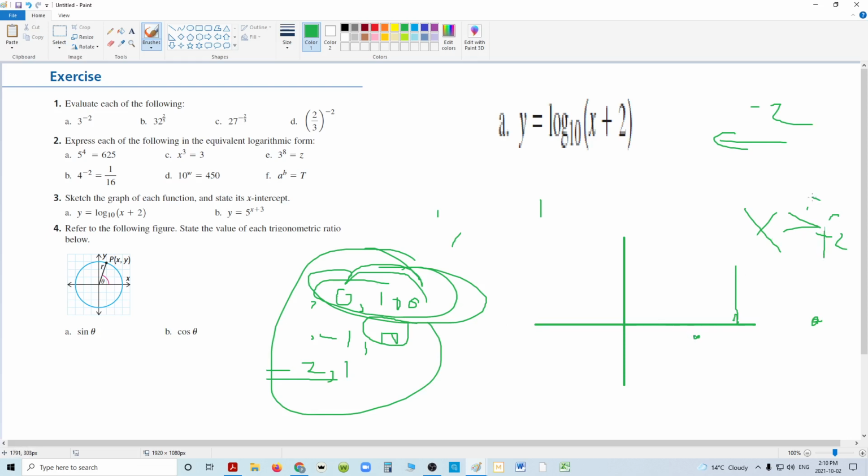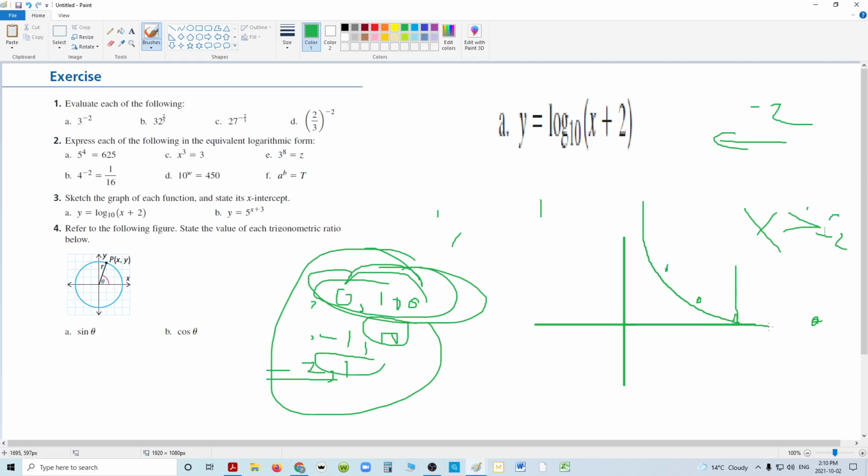Or is it x smaller than plus 2? Well, I'll go back and figure out the domain. And this last one is going to be 1, 2. Sorry, it's not minus 1. It's going to be 10, 1. And this last one is 1, 2.